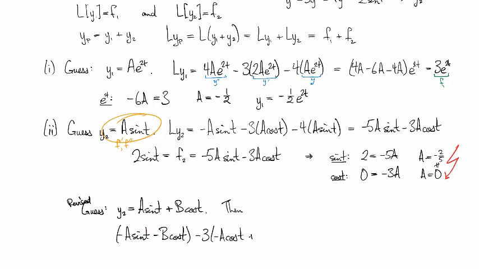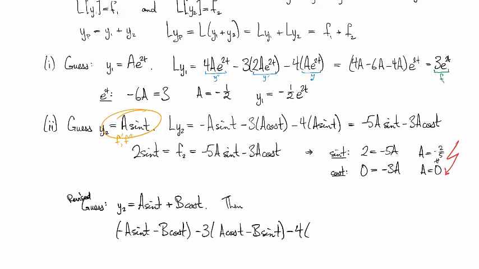Oops, what am I doing? That one's positive. And that one's not. Minus B sine t, and then we have minus 4 times y2, and that's all supposed to be equal to f2.